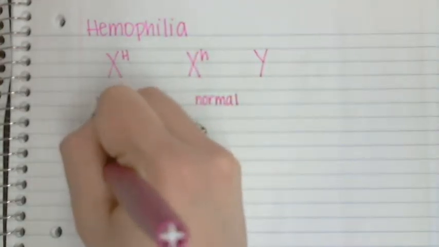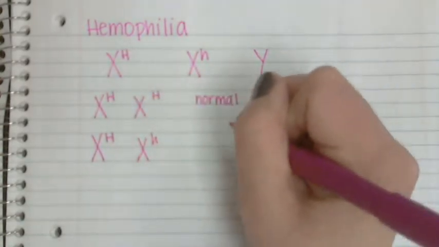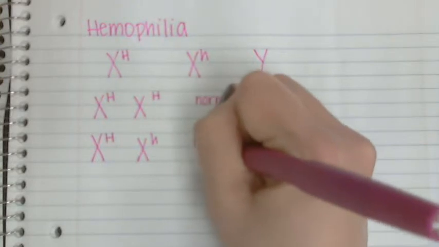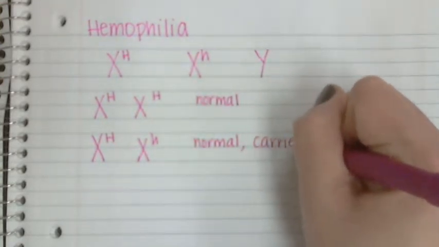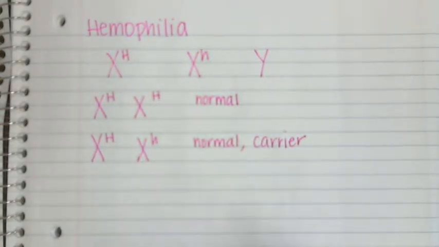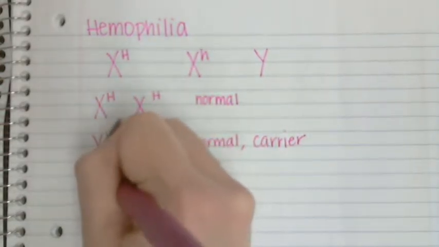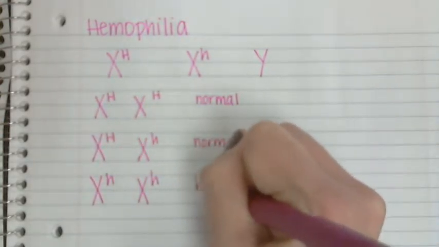You could have a heterozygous female, and she would be normal in the way her blood clots, but she would be what's called a carrier. A carrier carries the allele for the disorder. She could also be homozygous recessive, and in this case, she would have hemophilia.